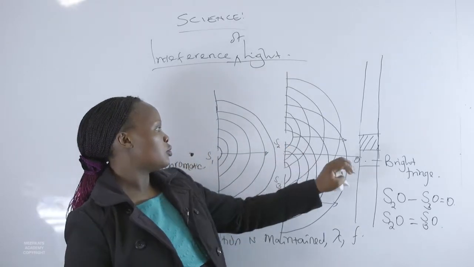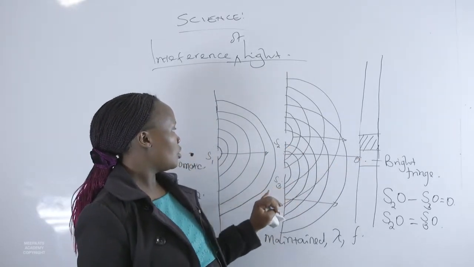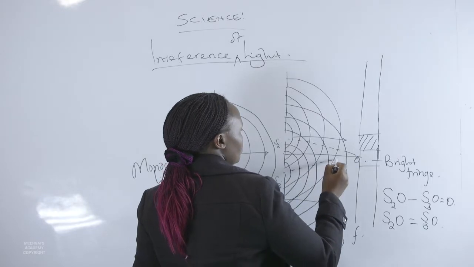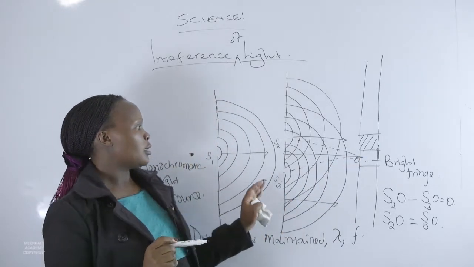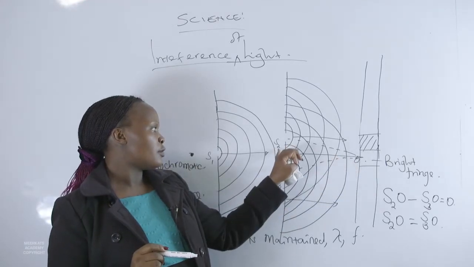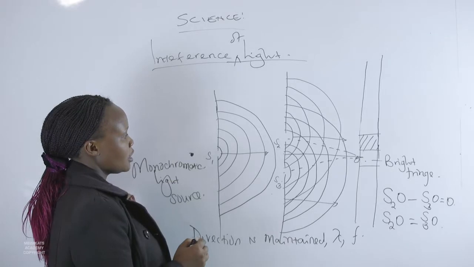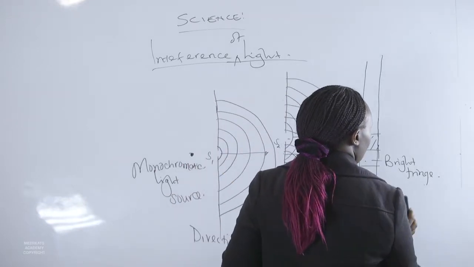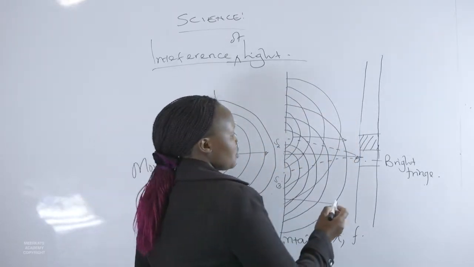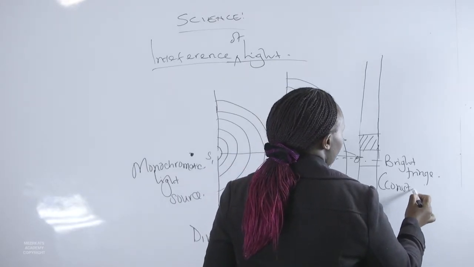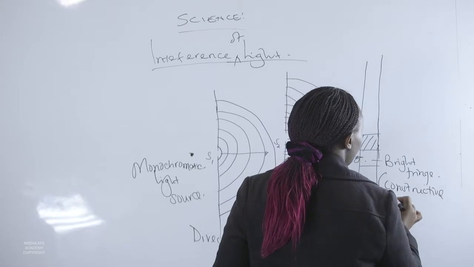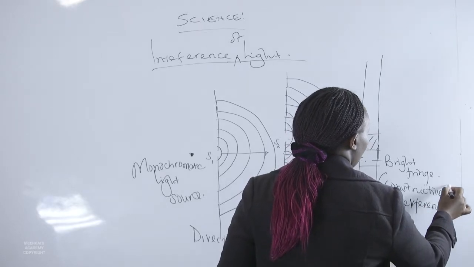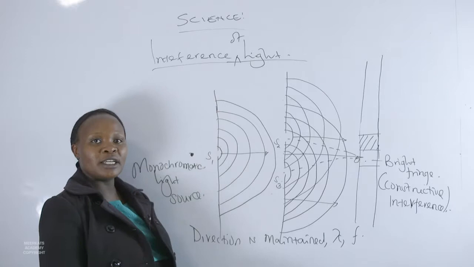This is the distance that we are talking about, so that the point O is equidistant from S2 and S3, and the result is a point of constructive interference, which we are going to call a bright fringe.